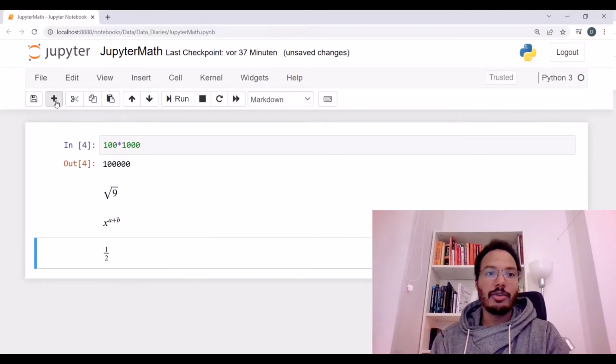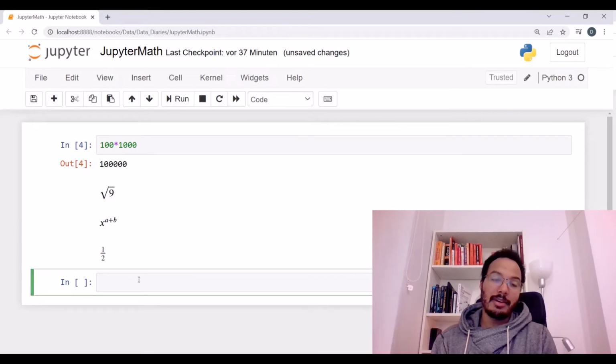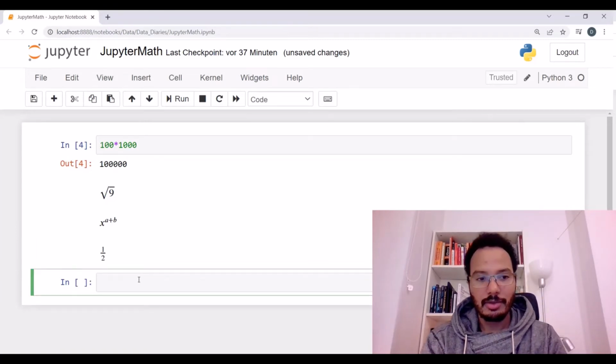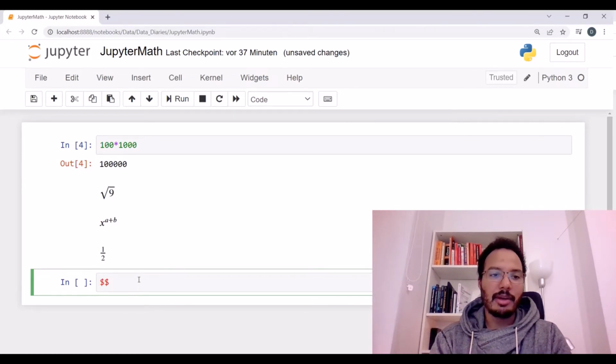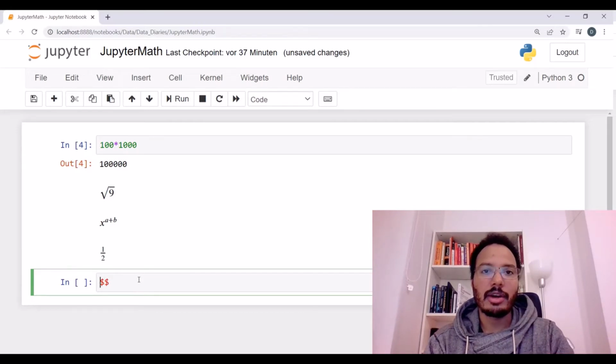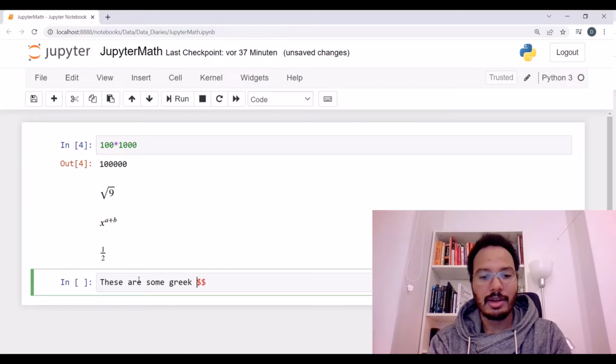Great. You can also put out Greek letters, which you will be using a lot when you're writing up math formulas, I guess. So you have, again, dollar signs. And by the way, this single dollar sign is when you're using the formula inline, like within the sentence. For example, I can write, these are some Greek letters, for example.